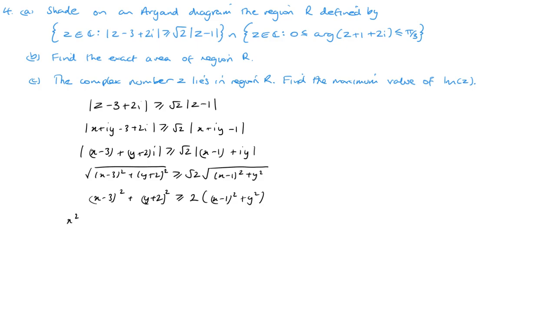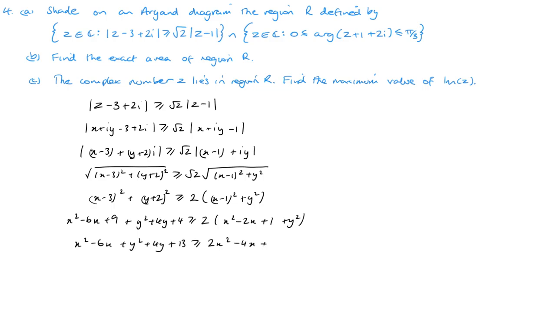Now let's expand. So x² - 6x + 9 + y² + 4y + 4, and x² - 2x + 1 + y². So x² - 6x + y² + 4y + 13, and 2x² - 4x + 2 + 2y².